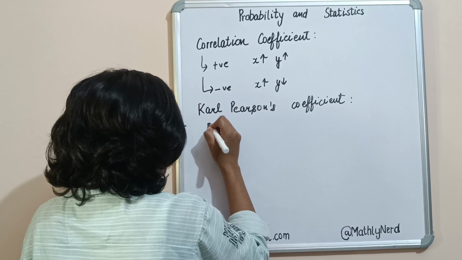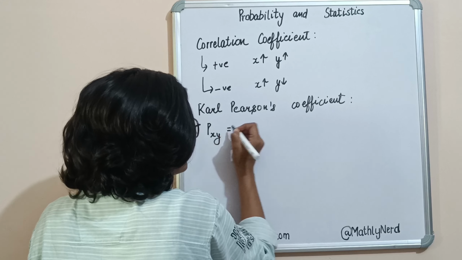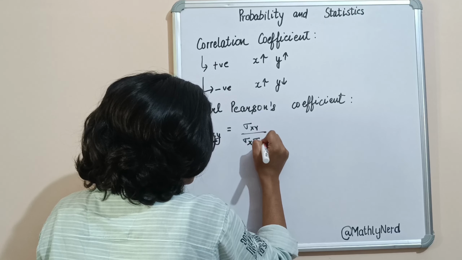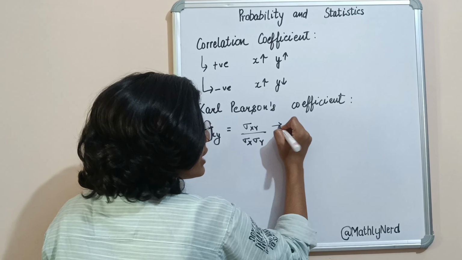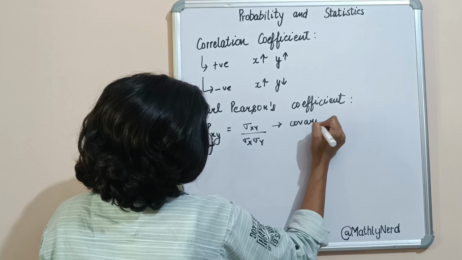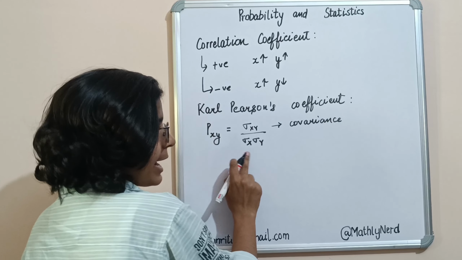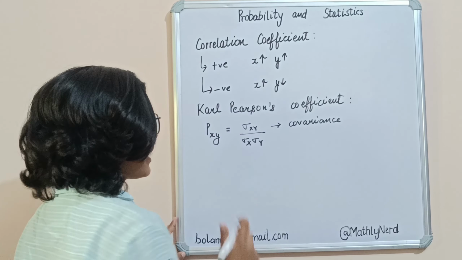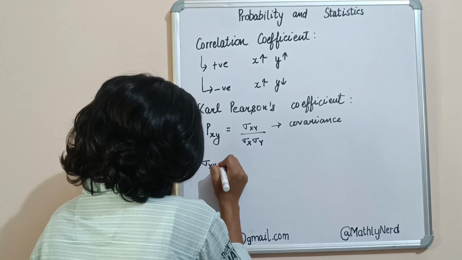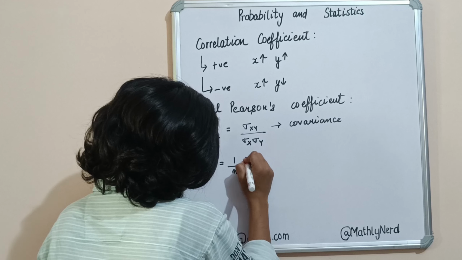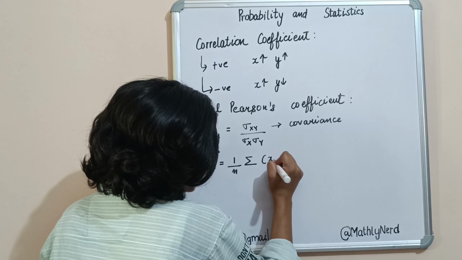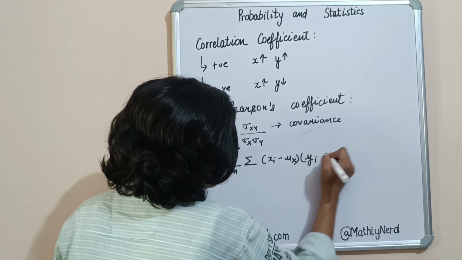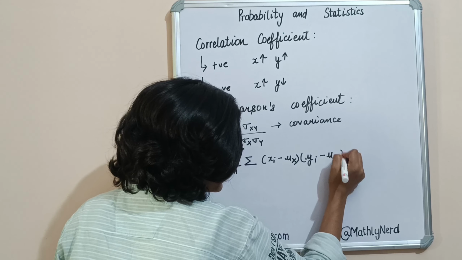It is denoted by ρxy and it equals σxy upon σx σy, where σxy is the covariance of x and y, and σx is the standard deviation of x, σy is the standard deviation of y, where σxy equals 1 by n summation (xi minus μx) into (yi minus μy).